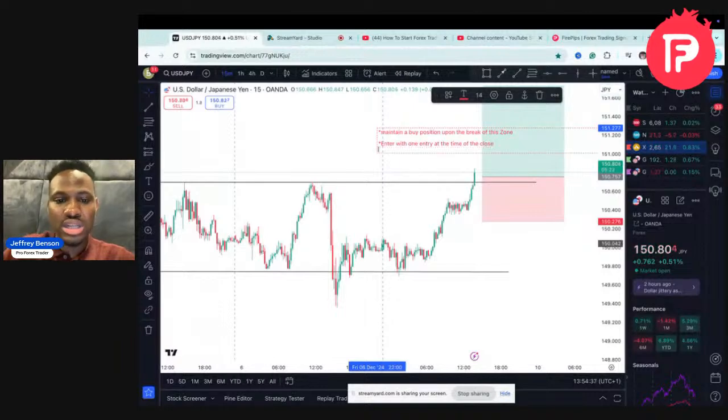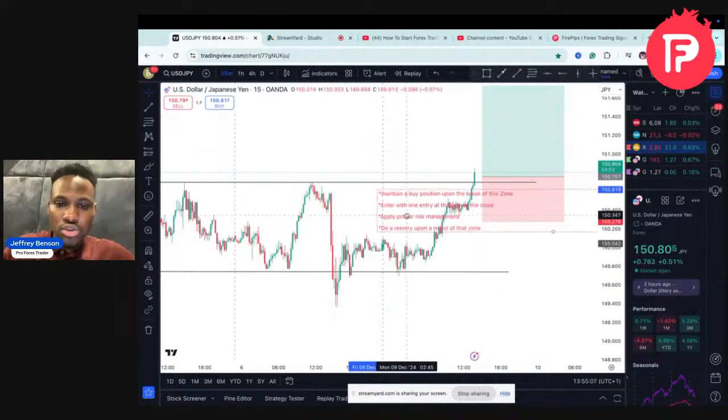At the time of the close, enter with one entry, and then apply proper risk management. Then, lastly, do a re-entry upon a retest of that zone. I hope that makes sense. So this is the instruction. So this is going to happen.